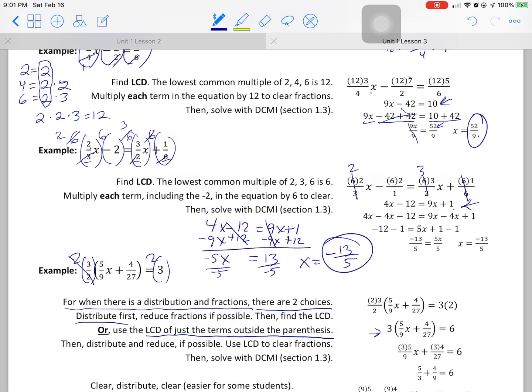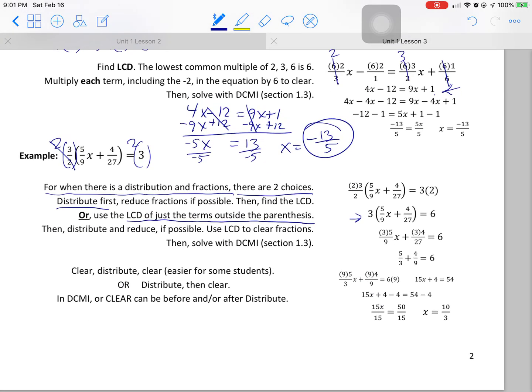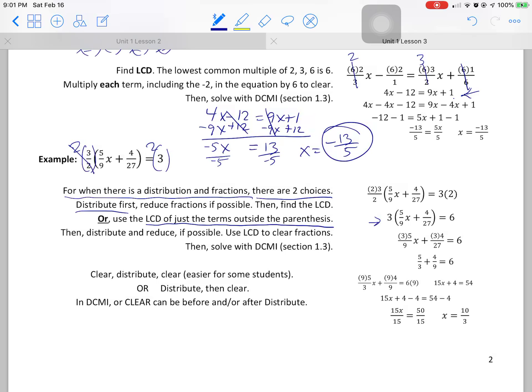Then you can distribute just the 3, not the whole fraction. Remember it's over 1, so you multiply across the top, and you're going to get 15 over 9. 15 over 9 can reduce, because you can take the 3 out of everything and get 5 over 3.